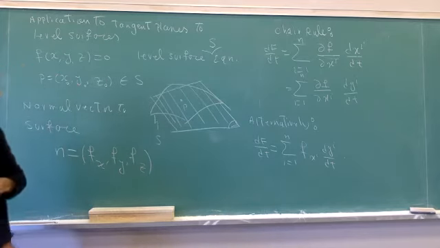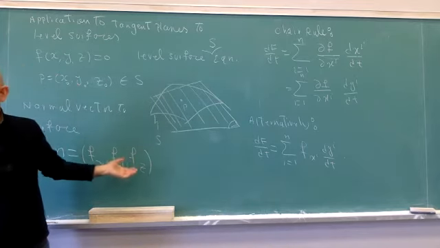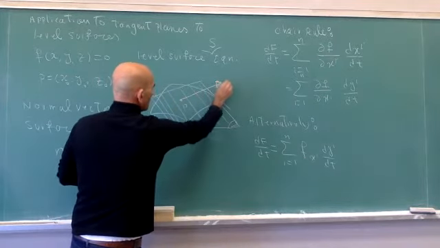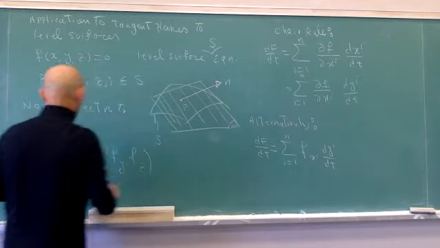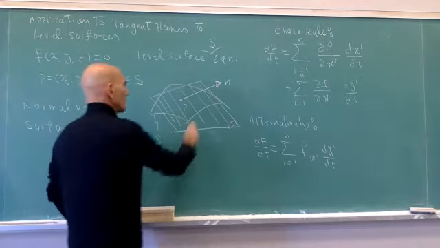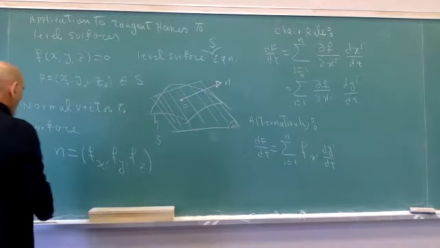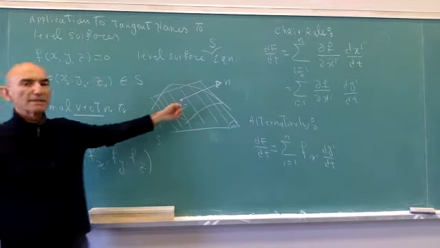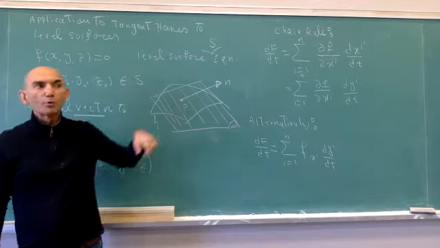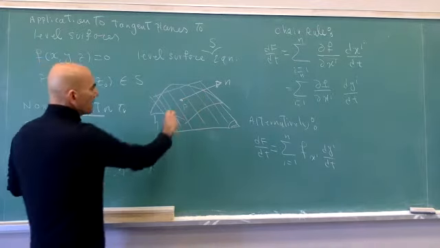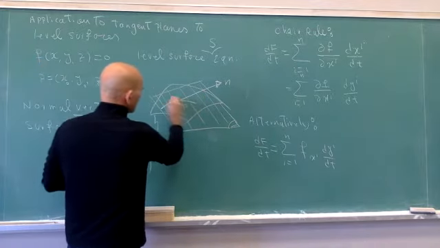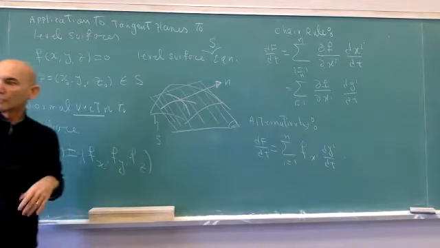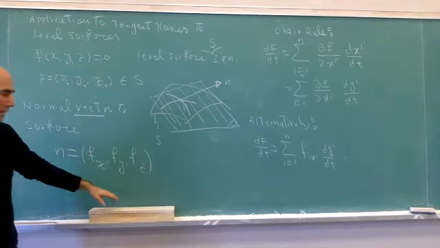But I never gave you a proof of why this is the normal vector to the surface. Now I can prove that this is indeed a normal vector to the surface by proving that any curve that is on this surface is orthogonal to this normal vector. If I prove that, then we are done.